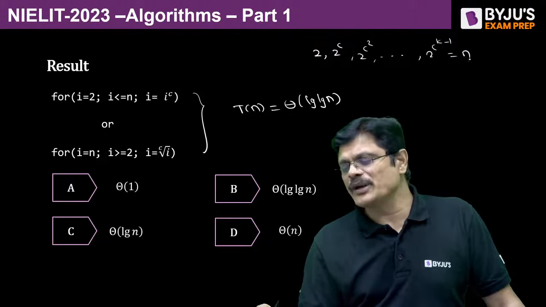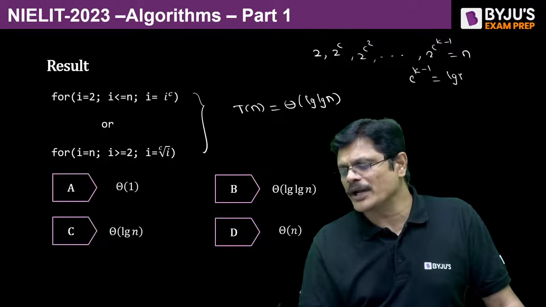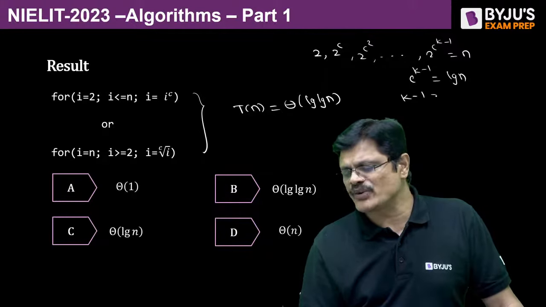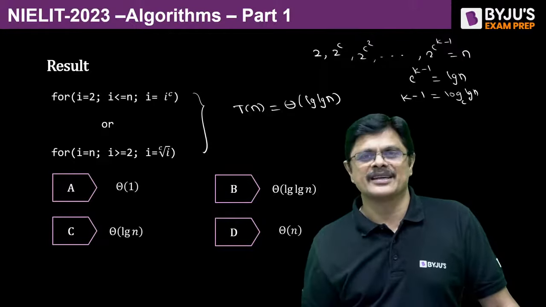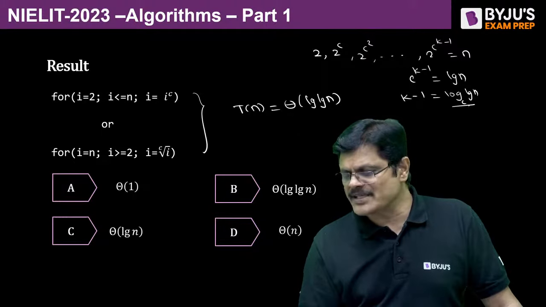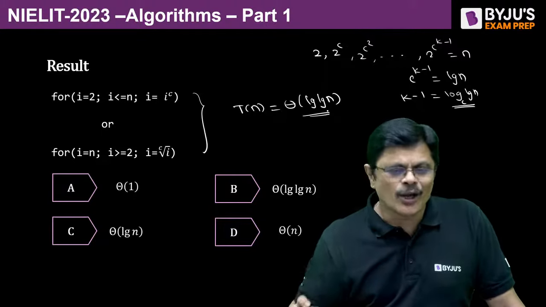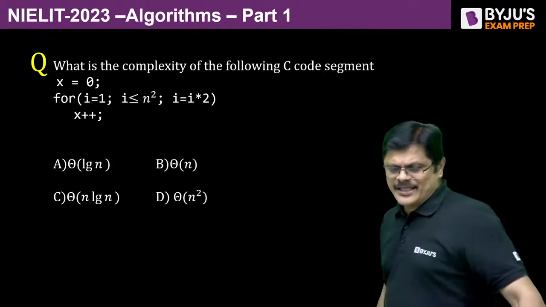And this value equal to n means c power k minus 1 is equal to log n, that is, k minus 1 is equal to log n. Here it is base c. As I told you, the base of the logarithm does not matter. So the time complexity for this is theta log n. That is the story.